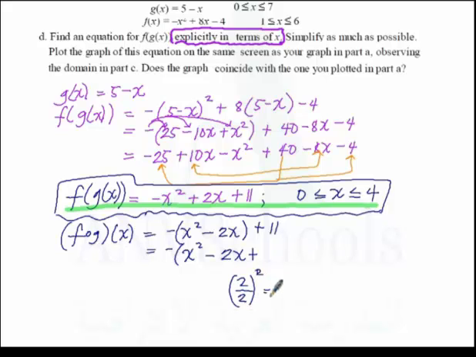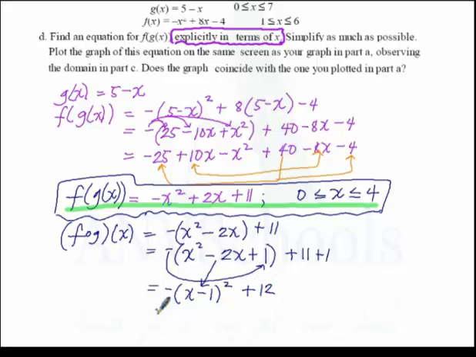That will become 1 squared, so that's equal to 1. So our completed square will become this 1 and plus 11. And notice this is negative, so if you multiply this here, it will become negative, so we have to add 1 here. Therefore, we will have negative of a complete square, x minus 1 squared, plus 12.